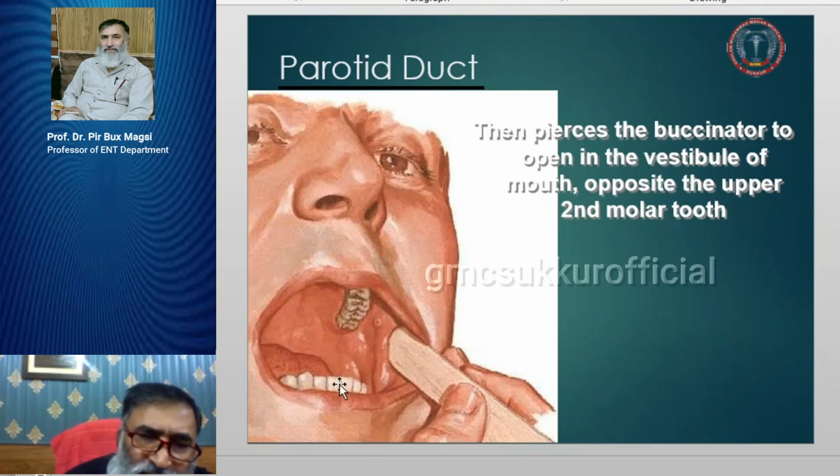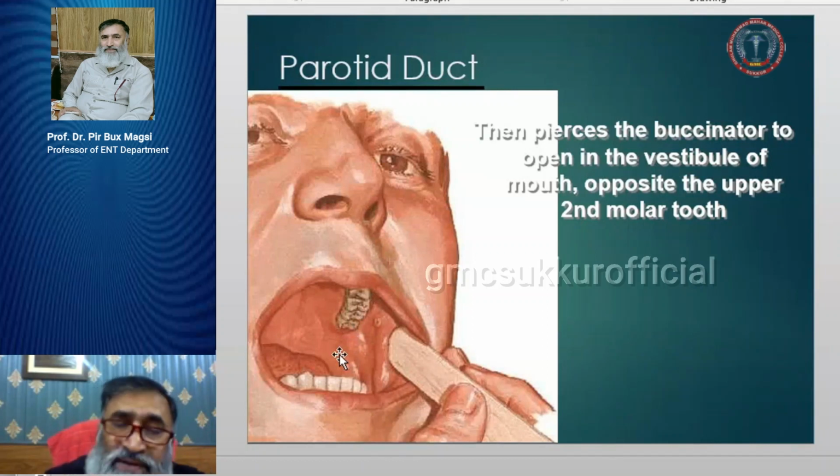So diseases from the oral cavity like bad oral hygiene, mucositis, inflammations, dental caries, and dehydration. Dehydration is very important. If you want to save the parotid duct, you have to get the patient rehydrated.